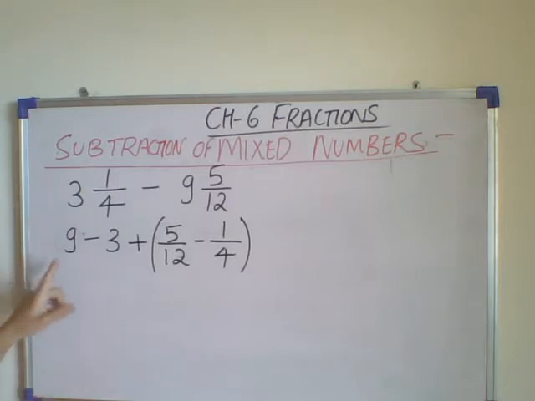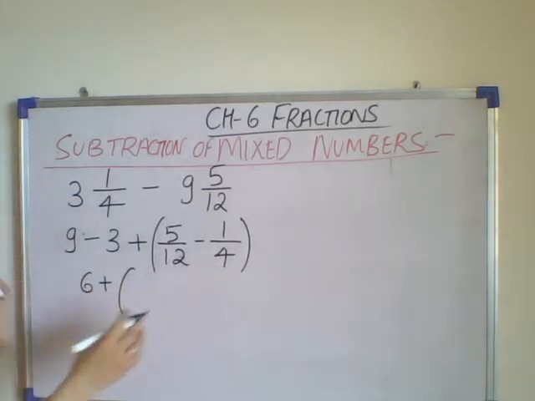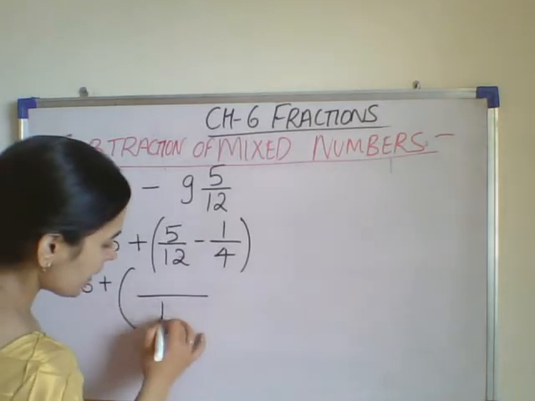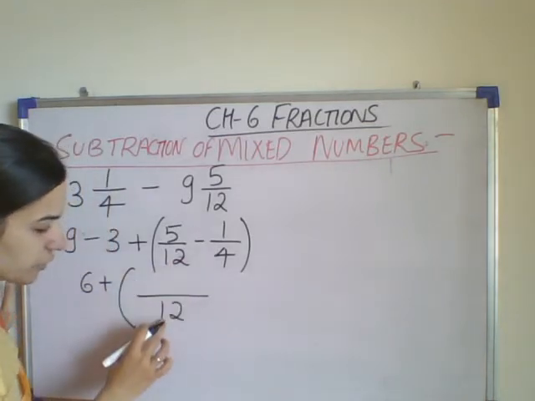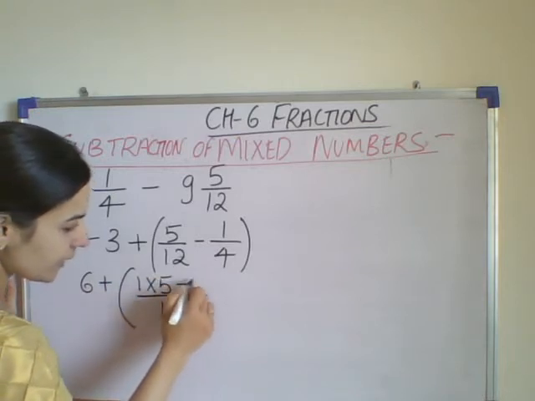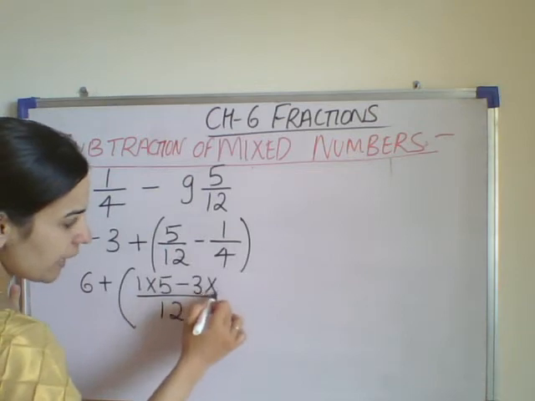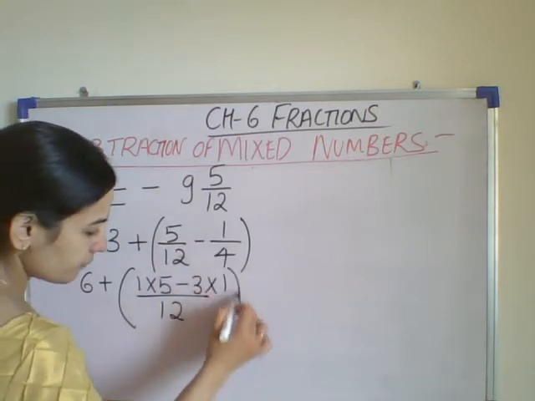We will be subtracting 3 from 9. So we get 6 plus, we will be finding the LCM of 12 and 4. So the LCM is 12. So 12 divided by 12 is 1, multiplied by the numerator 5, minus 12 divided by 4 is 3, multiplied by the numerator 1.